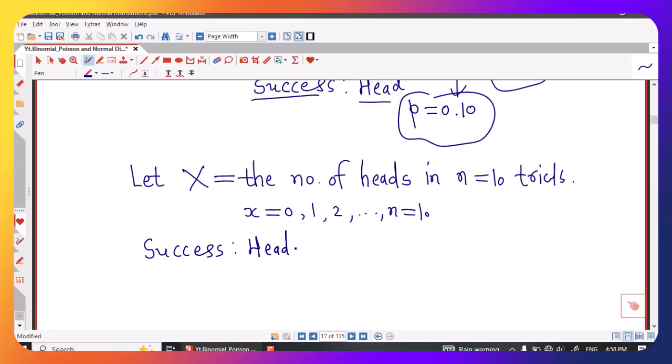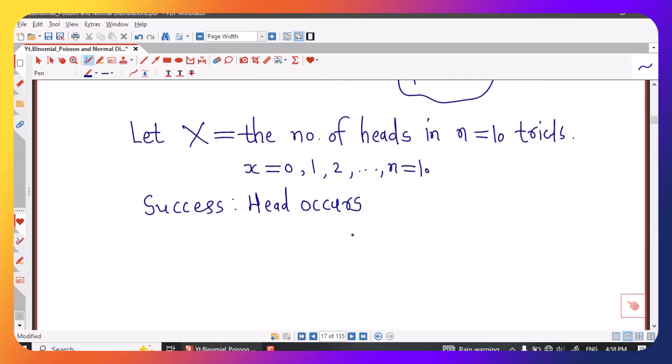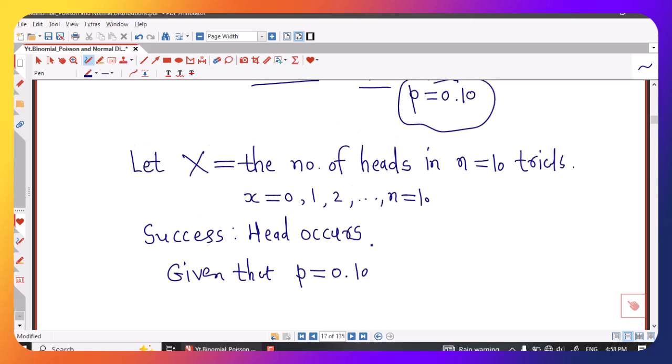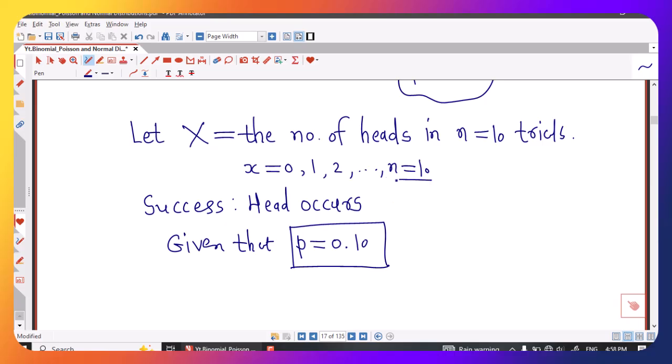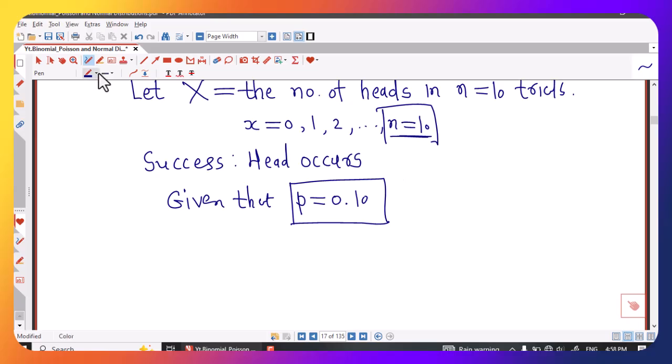So we consider that the event head occurs as success, and it is given that they are getting head 10% of times, that is the probability of head is 0.10. If we have these two parameters, small p that is 0.10 and small n that is the number of trials, 10, then we can write the formula for binomial distribution.